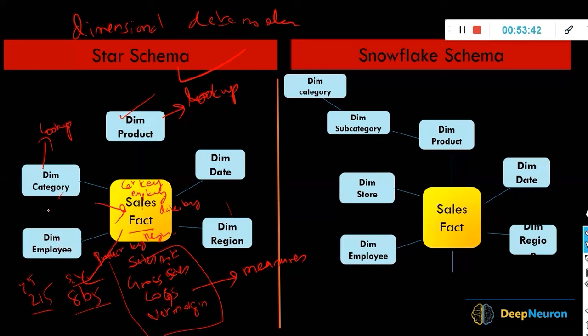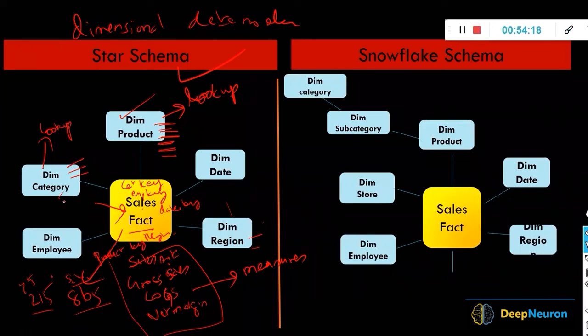So these dimension tables will hold the detailed information: product key, product name, unit cost price, stock on hand, effective start date, effective end date, something like that. Similarly, category key, category name, all the category related data, employee related data, product related data, date related data, region key, and then the region name. Okay, so that information will be there.